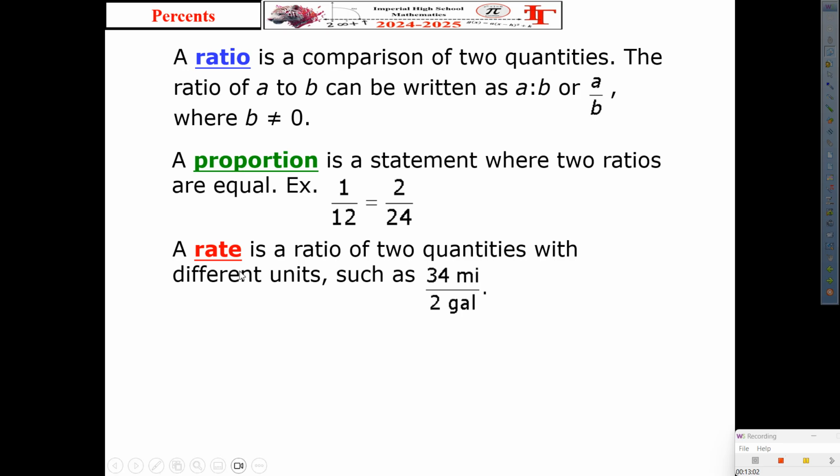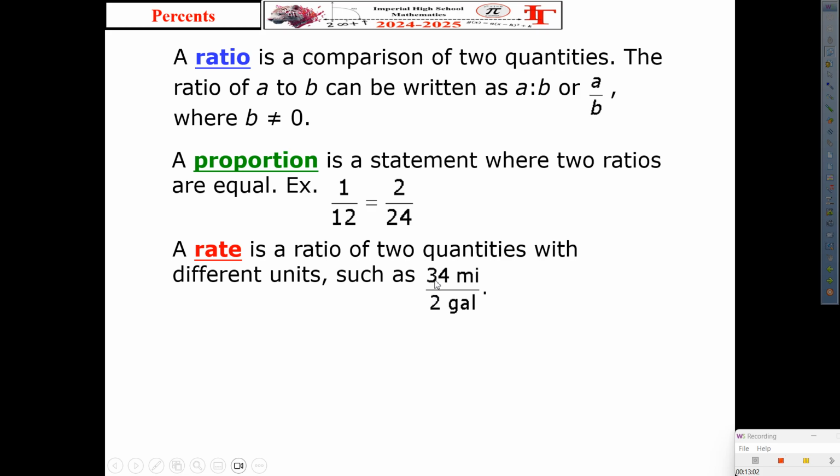So a rate is a comparison of two different measurements, two different quantities, but measurements. Look at this. Miles is distance. Gallons is liquid. It's actually like a weight of something. So it's two different things. So once again, rate is comparing two different measures.